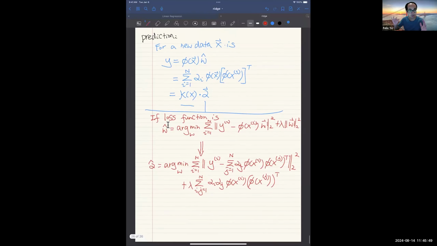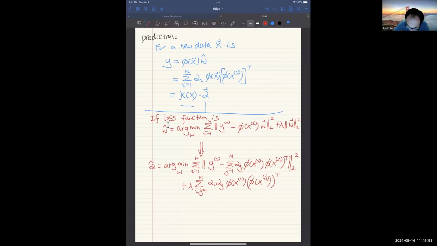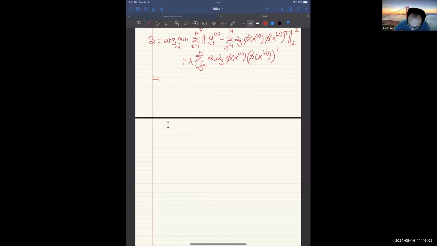Okay, so we can write everything in vectorized form. This is not arg min over W anymore; this becomes arg min over alpha of the squared norm of y minus K alpha, where I write it in matrix form with K and alpha, and think of alpha as a column, plus lambda alpha transpose K alpha.